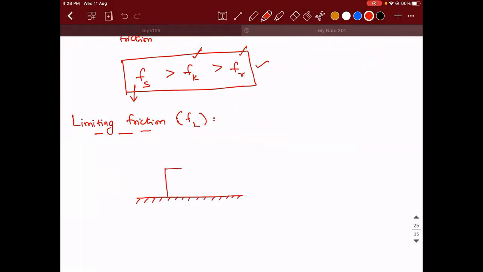Let's say there is an object of mass 2 kilogram present on the surface, and let me say the coefficient of static friction is 0.5. Then tell me what is going to be the value of static friction according to the formula mu s into N? So what is the value of mu s? 0.5 into what is the value of N, guys? You can take g as 10.